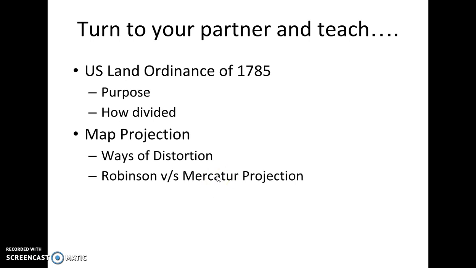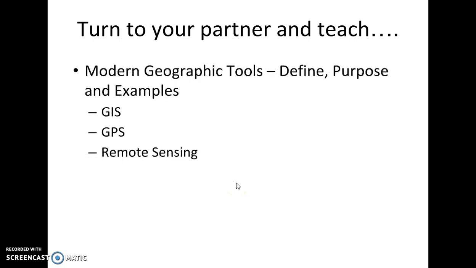It is a complete rectangle with a grid pattern laid out on top of it to show the latitude and longitude, the absolute distance and direction. So this especially distorts at the poles because it is truly stretched out into a rectangle. Again, the Robinson is the one we use in class, the one you see most often, and the Mercator is the one where you have the grid pattern laid out.